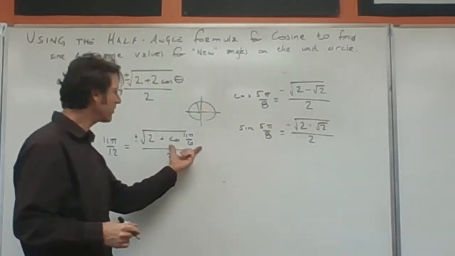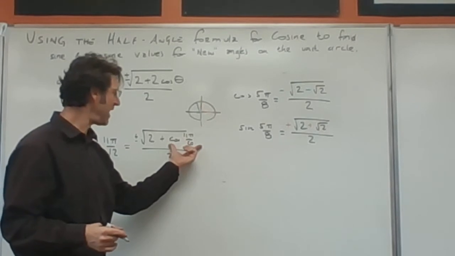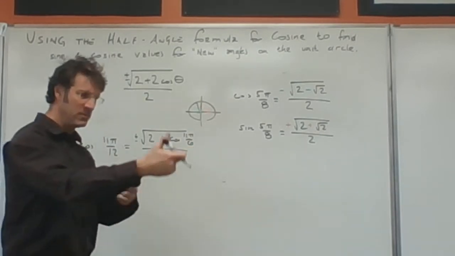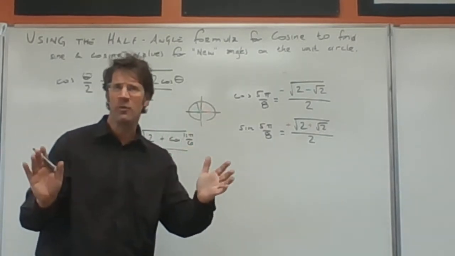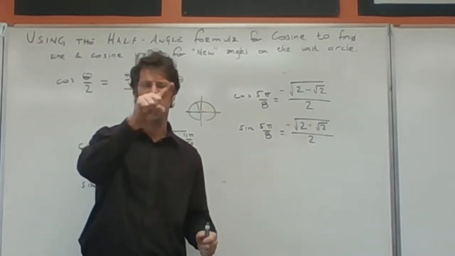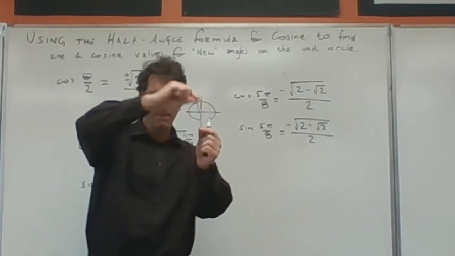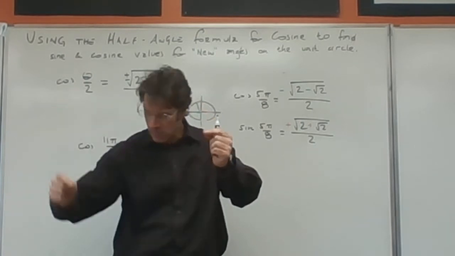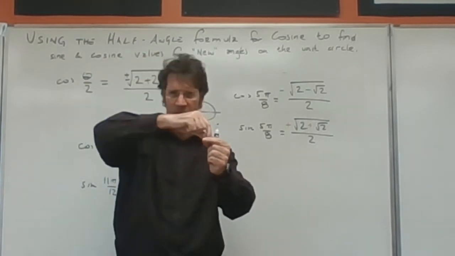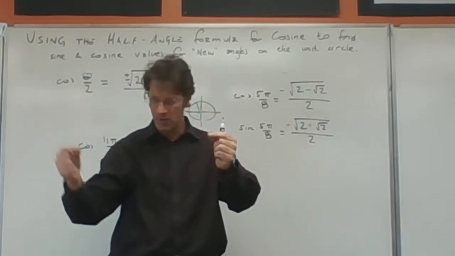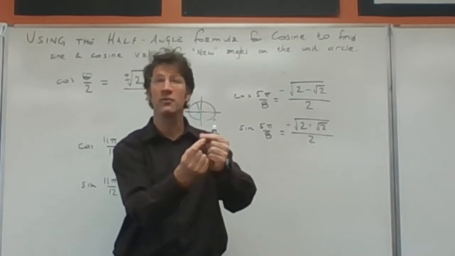So the cosine of 11 pi over 6, let's think about where that is. Imagine a unit circle. 0, pi, 2 pi. It's always true.